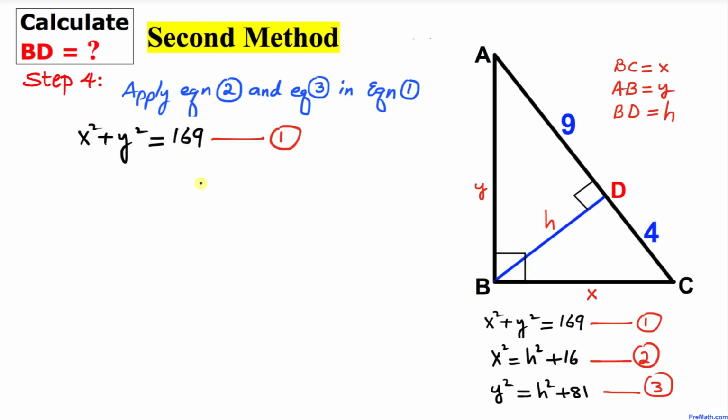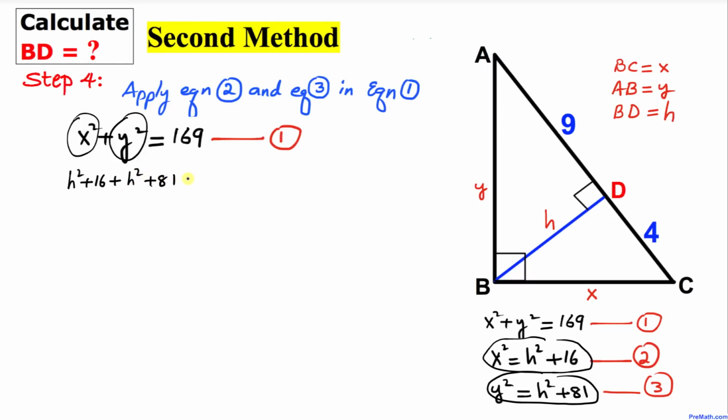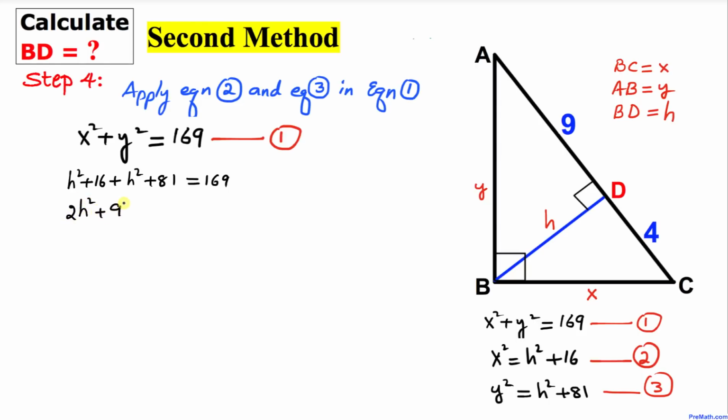So wherever we see x squared, I am going to replace it by h squared plus 16, and then plus, for y squared, I am going to replace it by h squared plus 81, equal to 169. So let's go ahead and combine the like terms. So it's going to become 2h squared plus 97 equals 169.